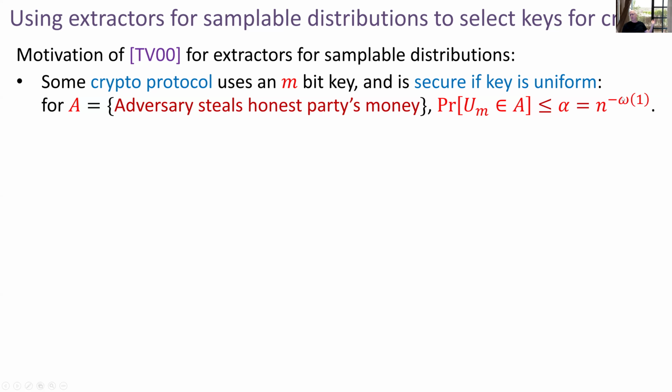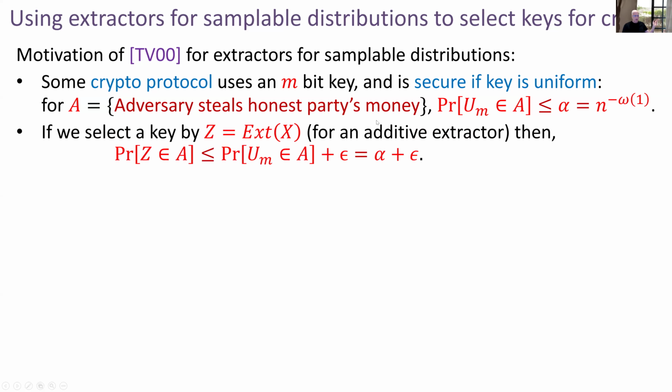Now, if we don't have access to true randomness and want to use a weak random source and an extractor, and if we use the standard definition of an extractor, an additive extractor, namely we choose the key by sampling an element from the weak source and applying an extractor, we'll call this distribution Z, then the standard additive definition only guarantees that the probability that the adversary can steal the honest party's money is less than alpha plus epsilon.